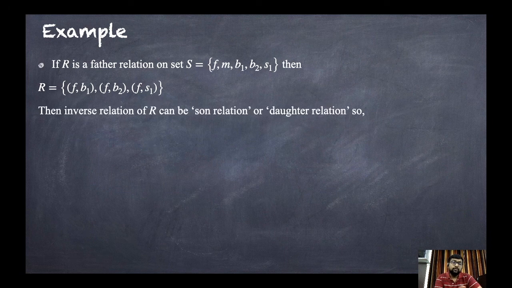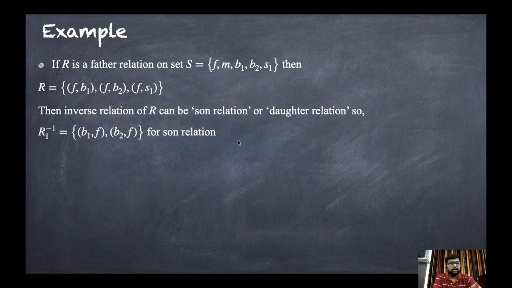Now, if we want to find the converse or inverse of this relation, then since the given relation is the father relation, the inverse relation is the son relation or daughter relation. If we want to write the son relation, let us name it R1. So R1 inverse will be B1 is a son of F, his father, and B2 is a son of F. So it is a son relation.